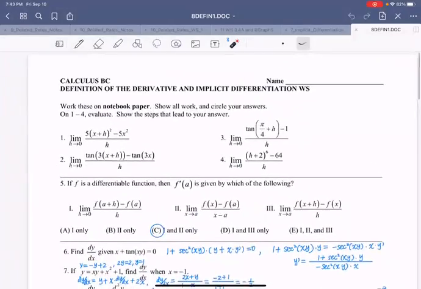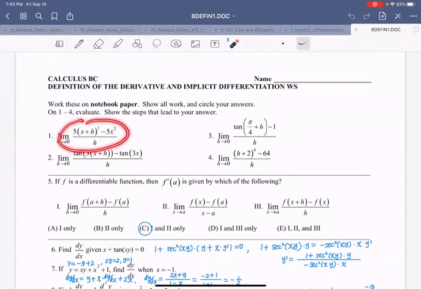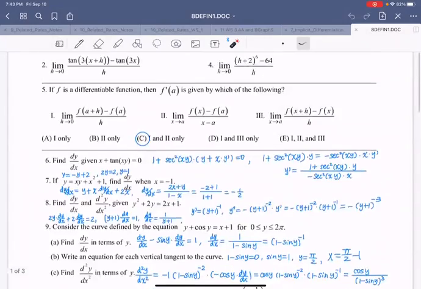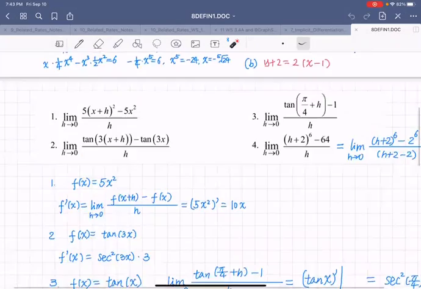Look at this. They ask us to find the limits. We are going to do this by the derivative method. I first show the example of number one, okay? Number one.